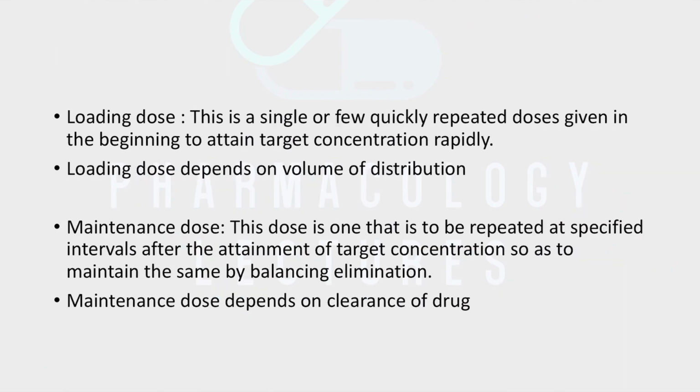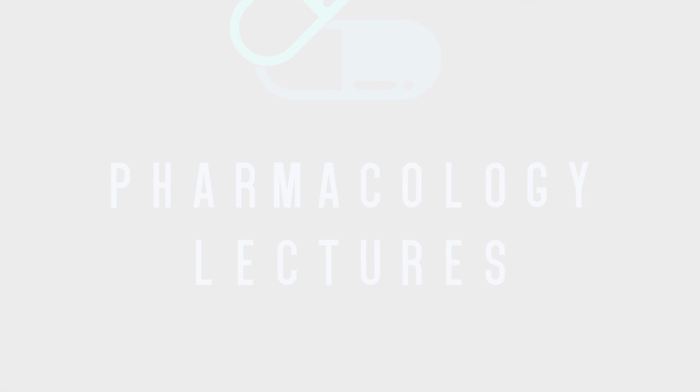From that, let's discuss two important terminologies in dosing, that is loading dose and maintenance dose. Let's take a practical example of loading dose. In malaria, doctors generally prescribe the drug chloroquine.